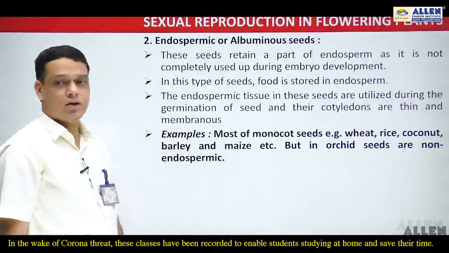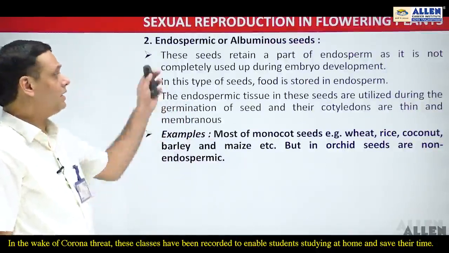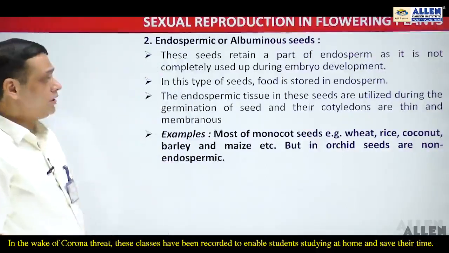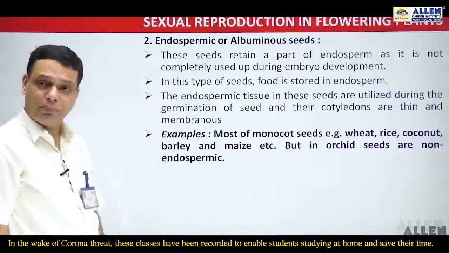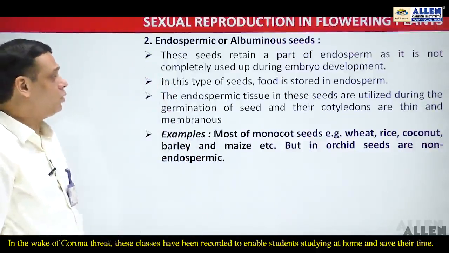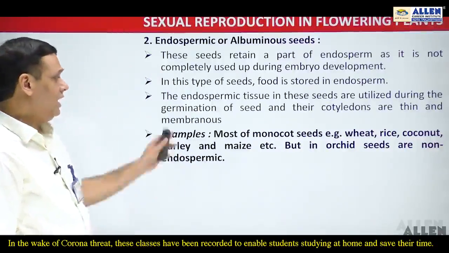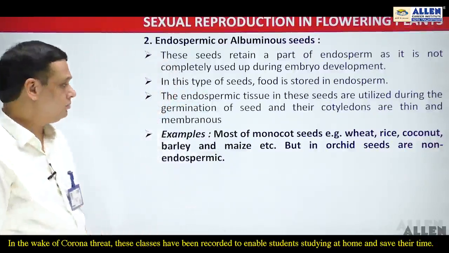Now the second type of seeds on the basis of endosperm is the endospermic or albuminous seeds. Those seeds which retain a part of the endosperm, as it is not completely consumed during embryo development, are known as endospermic or albuminous seeds. In this type of seeds, food gets stored inside the endosperm.